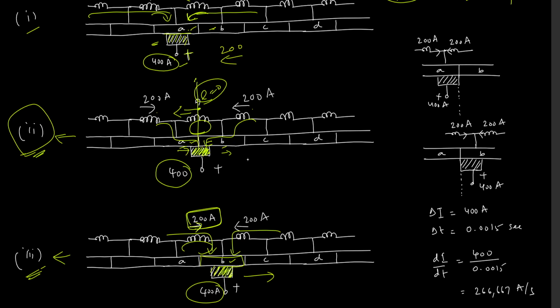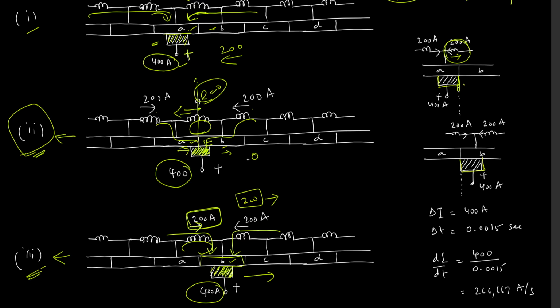In the second case it is contributing 0, and in the third case it is contributing 200 amps in the reverse direction. That means as the brush is just touching the segment B, while still on A, the reversal of this current takes place in this coil.